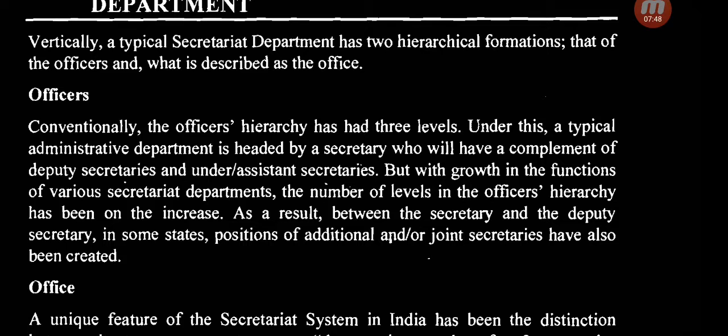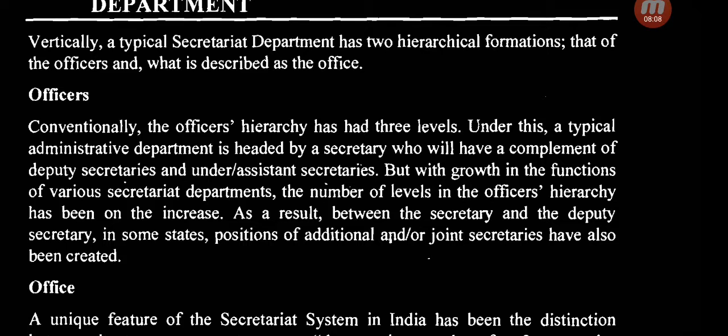Under this, a typical administrative department is headed by a secretary who will have a complement of deputy secretaries and under secretaries. But with growth in the functions of various secretariat departments, the number of levels in the officers' hierarchy has been on the increase.